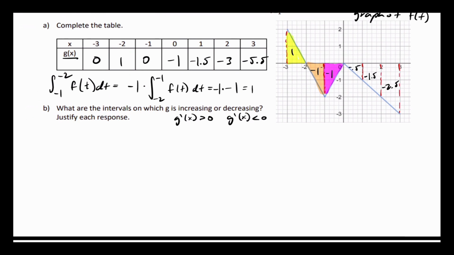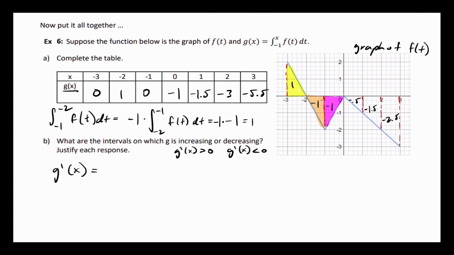That's how we found all of these numbers here. What would G prime be? What is G prime the same as? The graph, yeah. G prime is the graph.